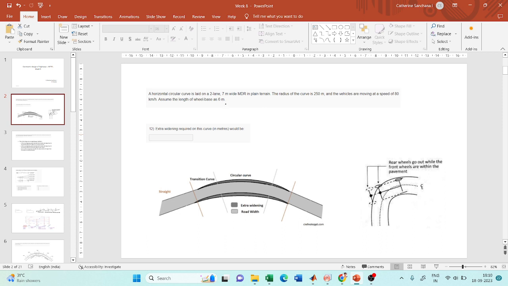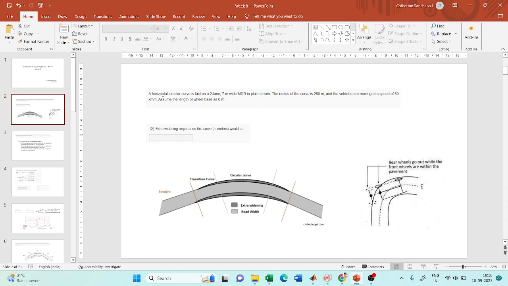We solved all that, and the last question was to find out extra widening. Since it was a new concept and we were running short of time, we brought it to this week. So we will begin from that.